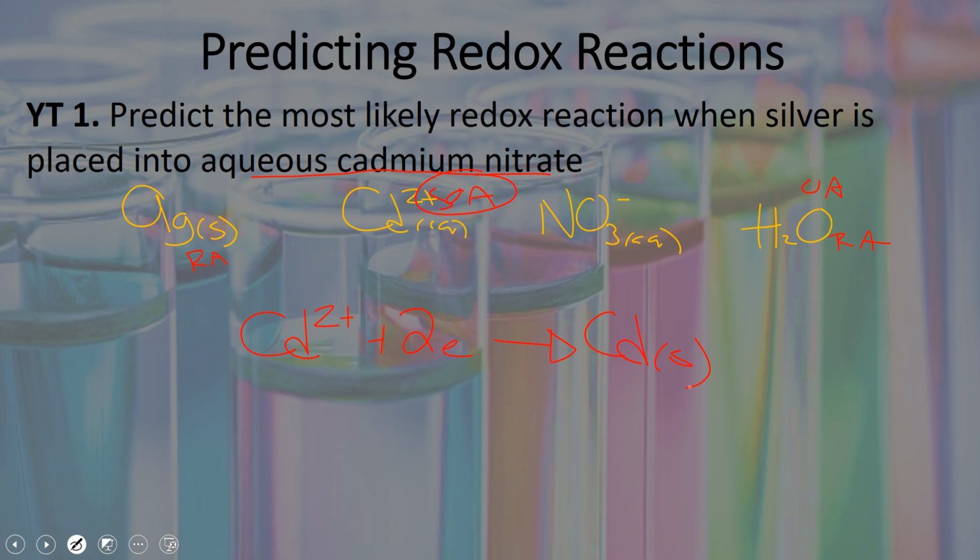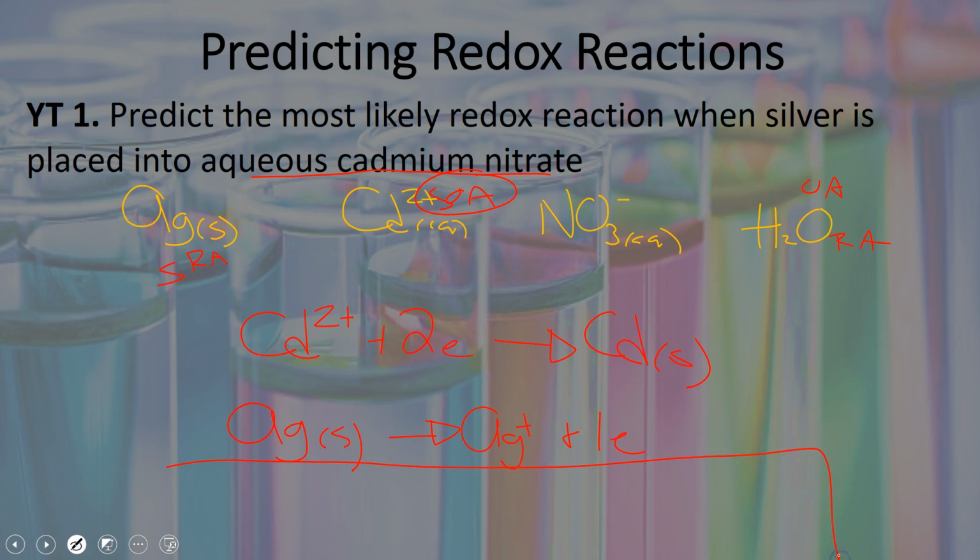The next one is the SRA. When water is an RA, it's quite high, up here, and silver solid is just below it. So that would be my SRA, and I'll write that half reaction. Silver solid is what I'm starting with, and I proceed to the left because it's a loss of electrons: silver solid going to silver positive plus 1 electron.